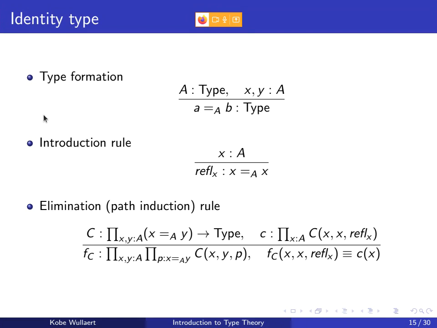So, one of the things is that the identity type, like the type of natural numbers and the dependent sum, with this elimination rule, say something about how we can construct functions out of it. What is special about these types is that they are called inductive types.